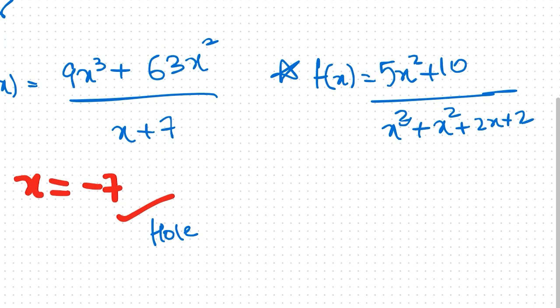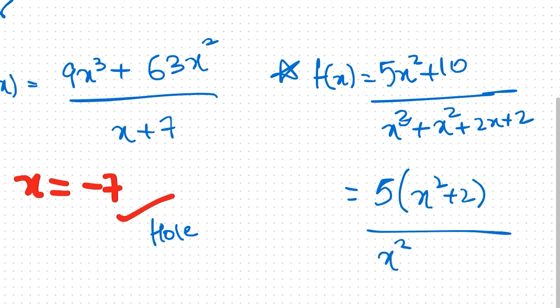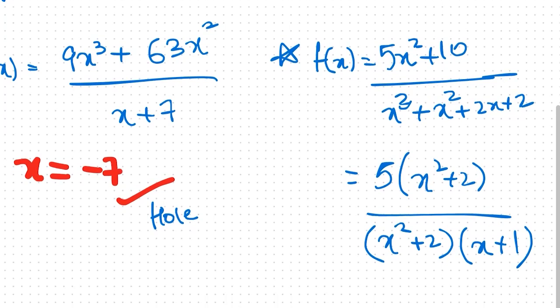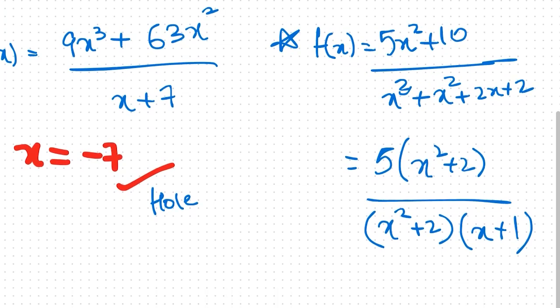In the numerator, it is 5 into x squared plus 2, right? And in the denominator, you factor out x squared from the first two, so it becomes x squared times x plus 1, or it becomes x squared plus 2 times x plus 1. Notice something. This factor, you have cancelled, correct?